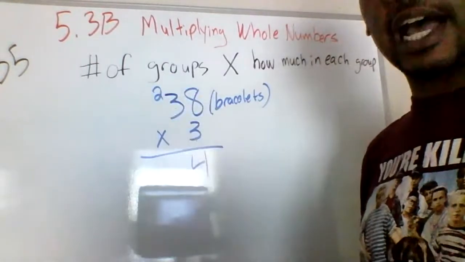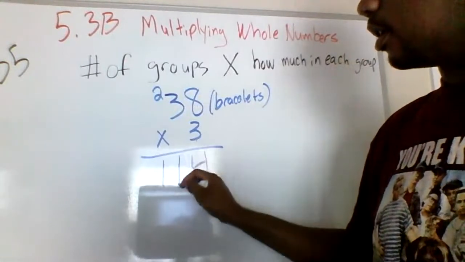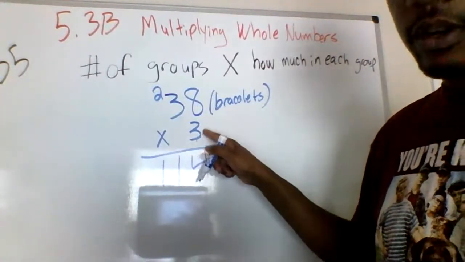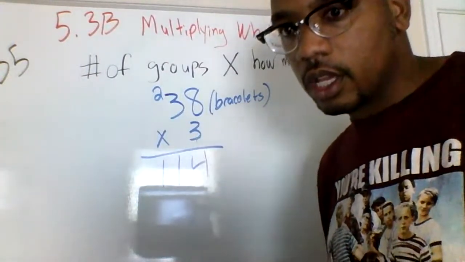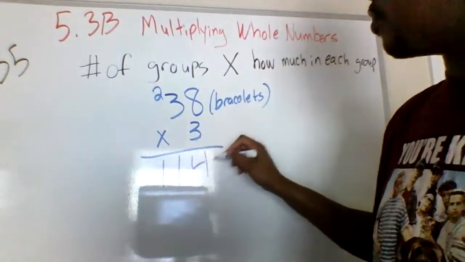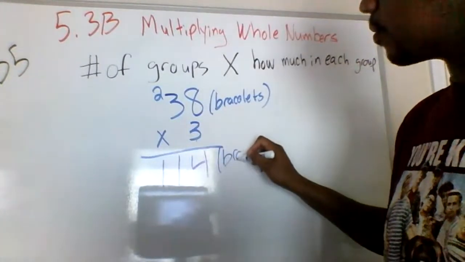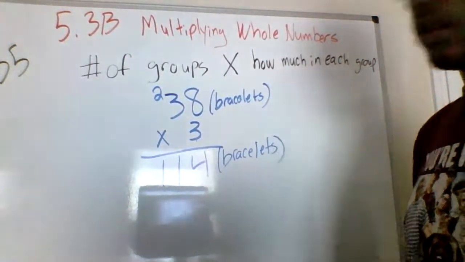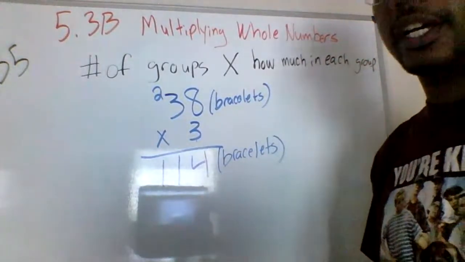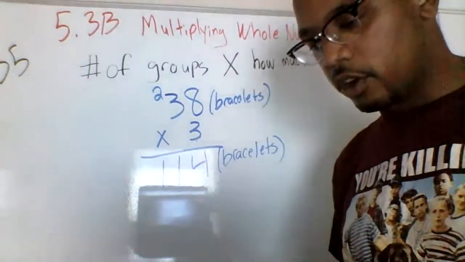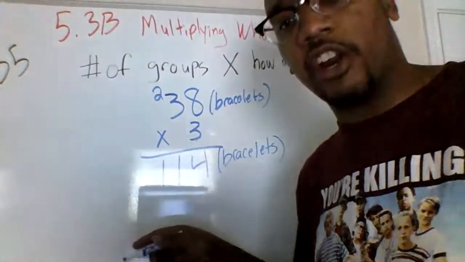Plus 2 more at the top is 11. So that means all three people made 114 bracelets.